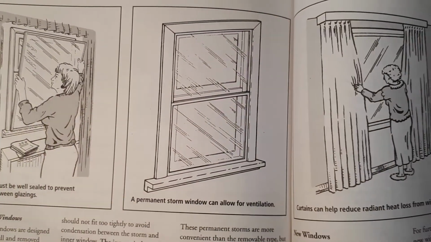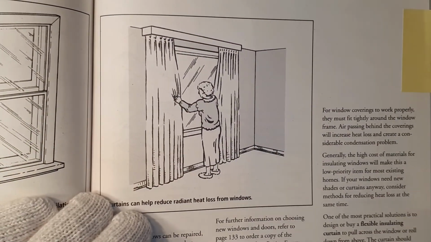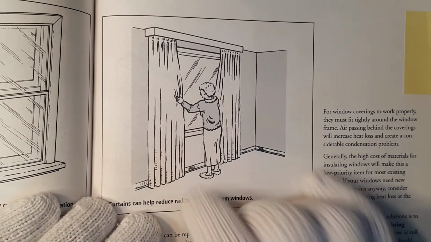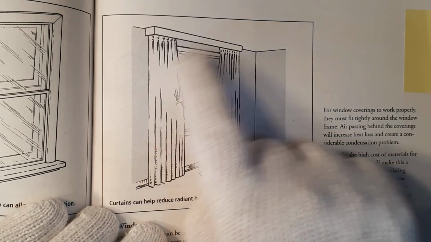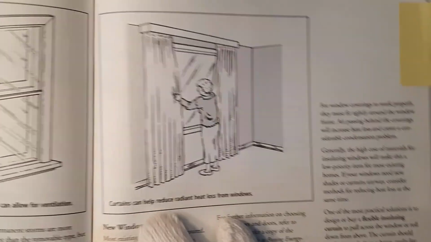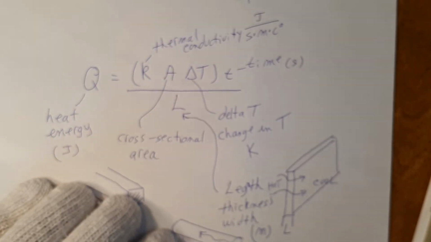Here's another window. One way to retain heat in the home and stop it from going through a window, or minimize it, is to put curtains in front of a window. That will effectively increase the total R value of that window, including the curtain. This entire book, the various items that are in it, can be explained with this equation right here.